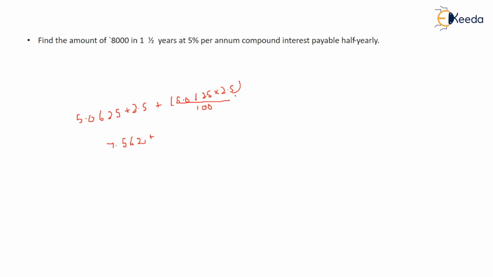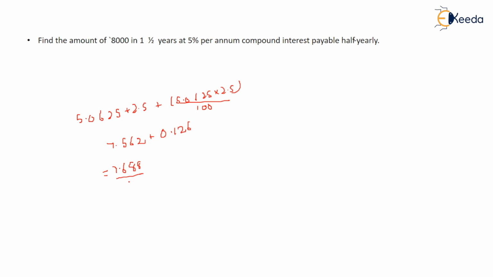Okay, so after solving this, 5.0625 into 2.5 plus 7.5, this value comes out to be 0.126. After adding this it comes out to be 7.688.